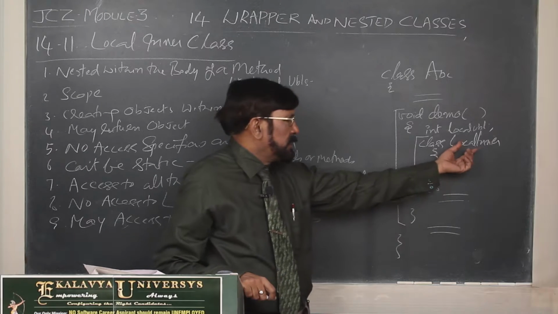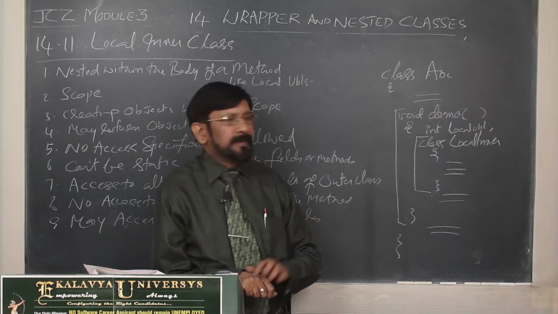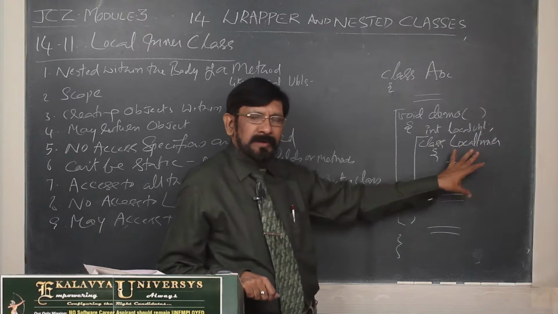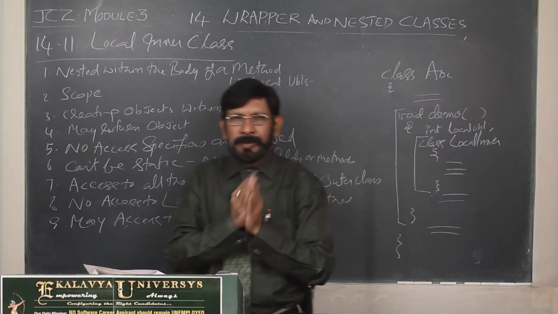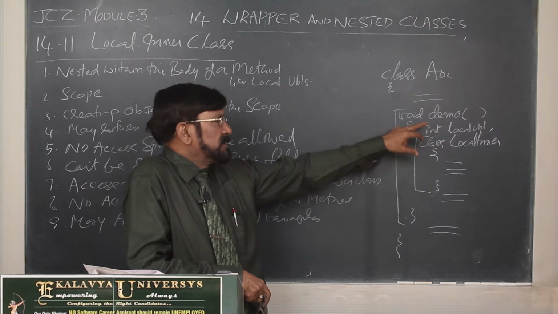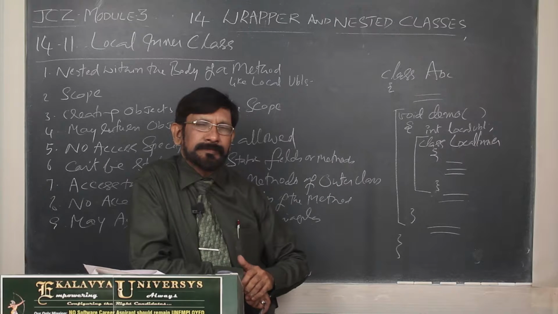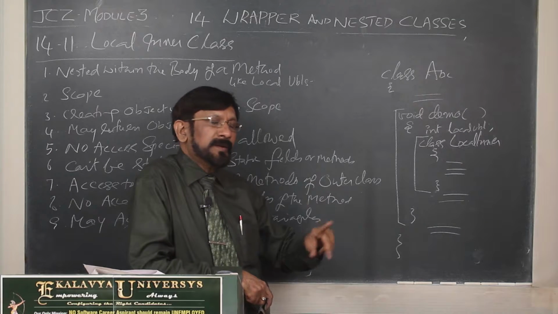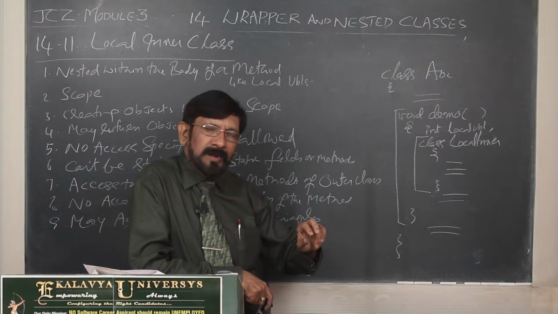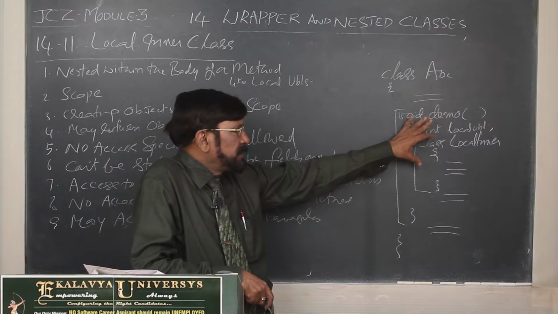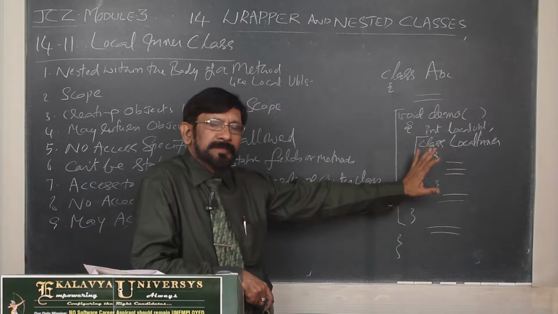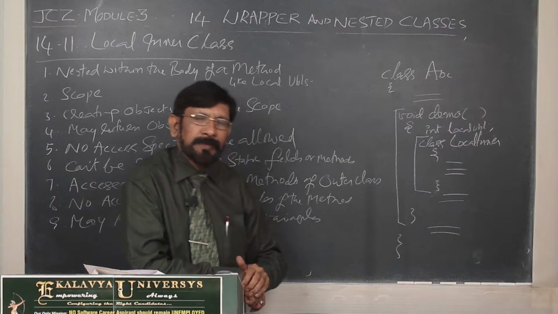That is why it is named a local inner class. Always remember that its status is like a local variable of a method. But it is a class. It is a class defined within the body of a method. That point always you remember.